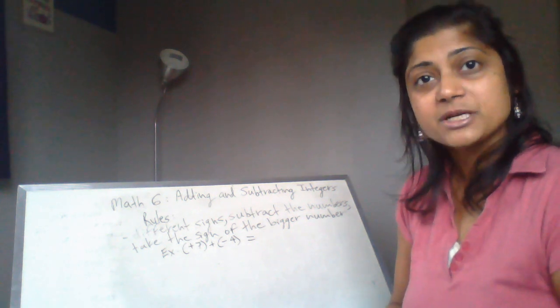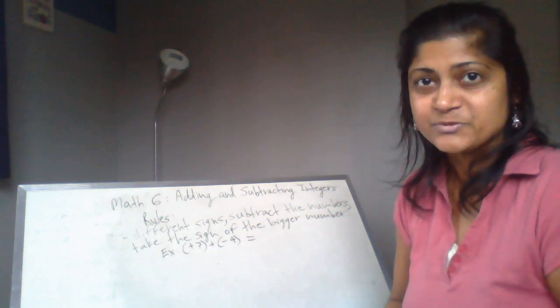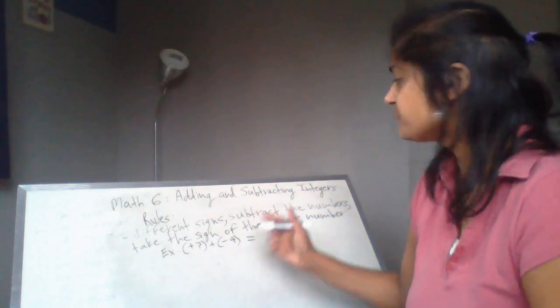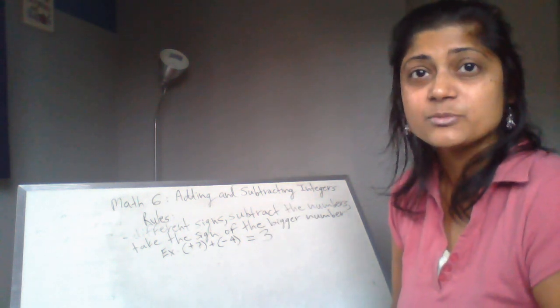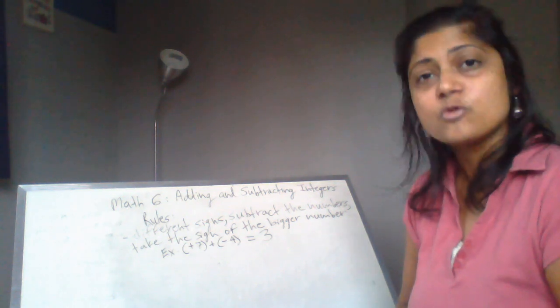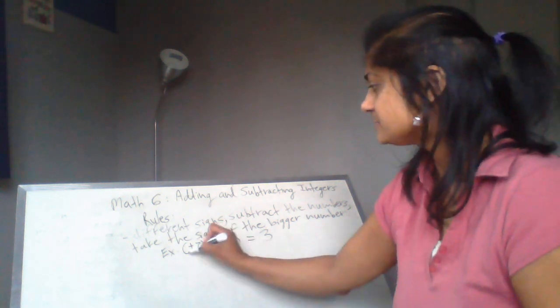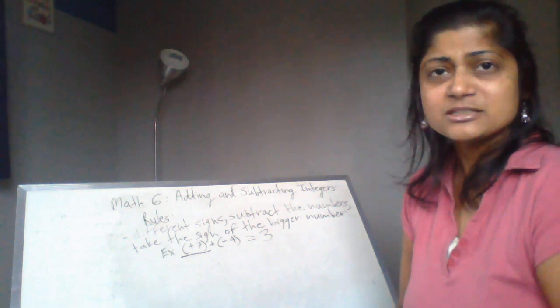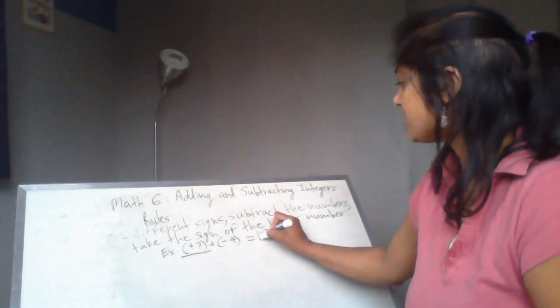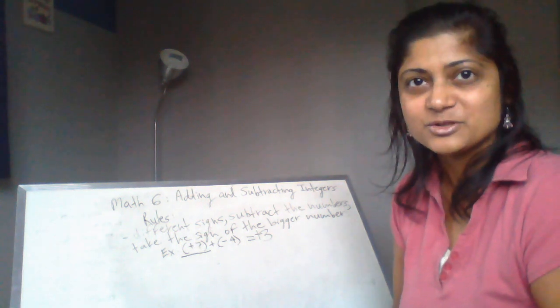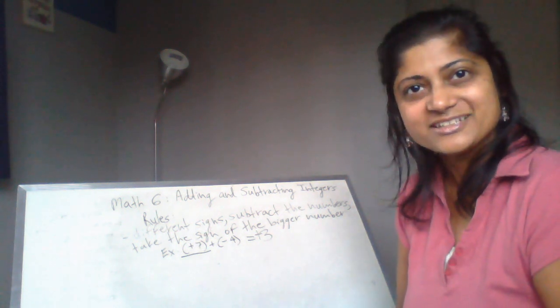I'm always doing the bigger number minus the smallest number. So 7 minus 4 here, which is 3. And then you're looking at which number is bigger. Is it the 7 or the 4? Here the 7 is bigger. I'm going to underline that. And the sign for 7 is positive, so my answer also has to be positive. So it's going to be positive 3.